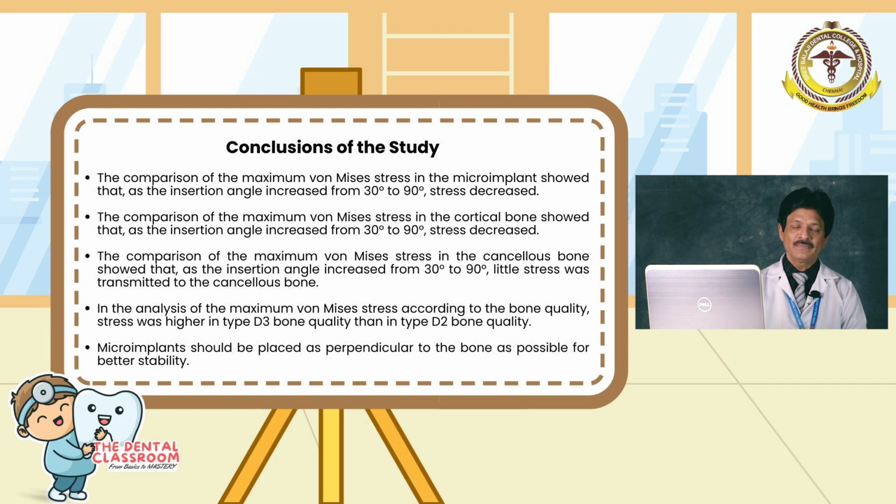But then every clinical scenario is different, so we need to understand that, and in order to avoid injury to the tooth roots, we may also have to place it a little bit diagonally. So that is left to our perception after having understood the clinical scenario.